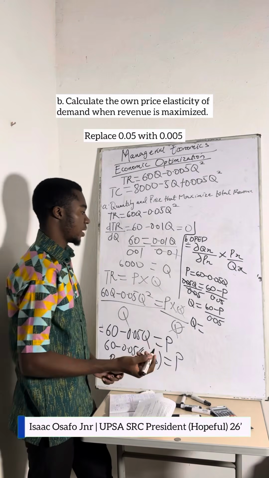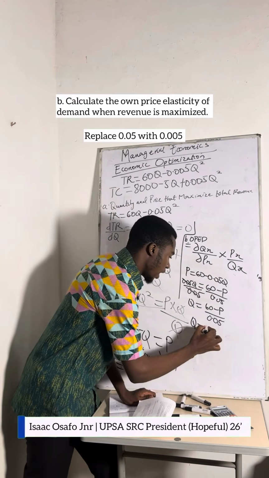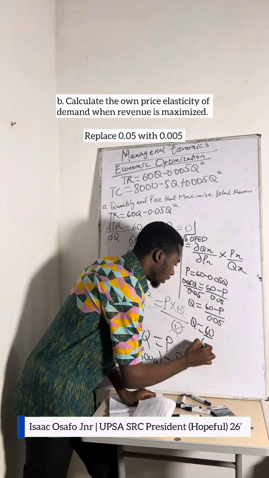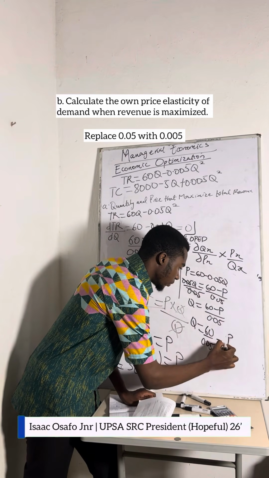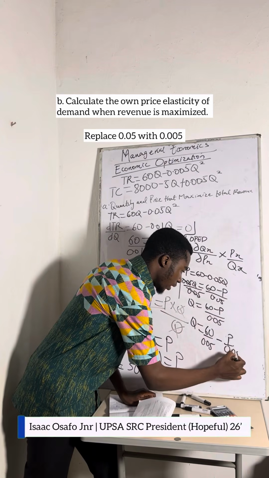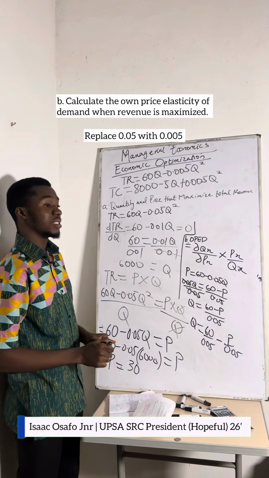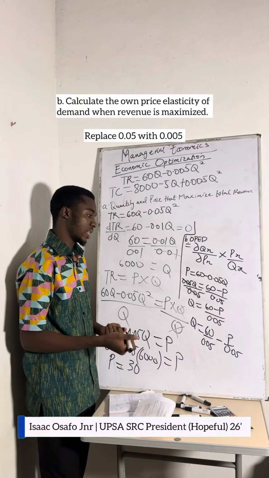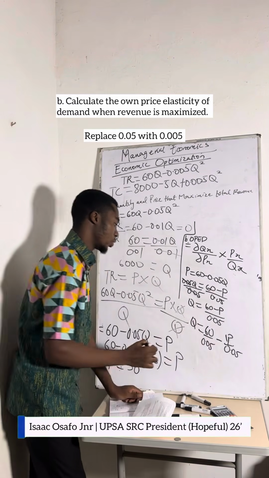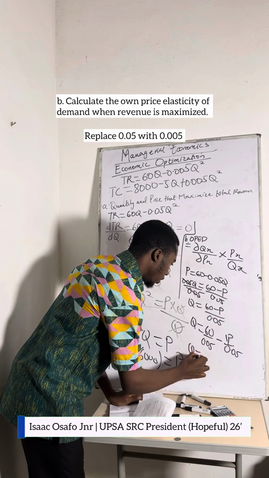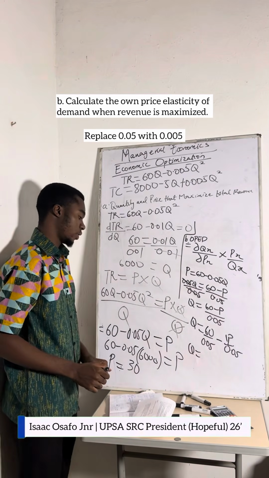The 0.05 is affecting all of them. So let me take it step by step so you don't get confused. So we are having 60 over 0.05, then minus P over 0.05. But when we have P, it's the same as 1P. Do you get it? There's like an invisible one, so let me just put a 1 here so I don't get confused. So now Q should be equal to 60 over 0.05.